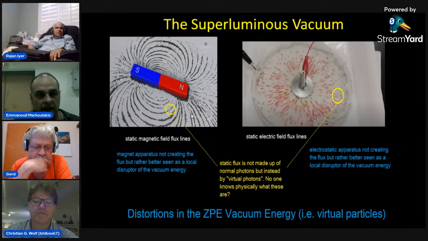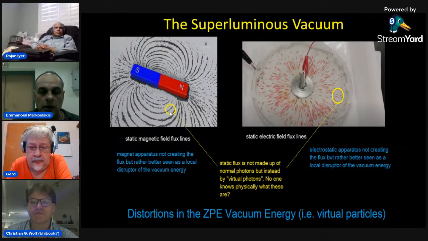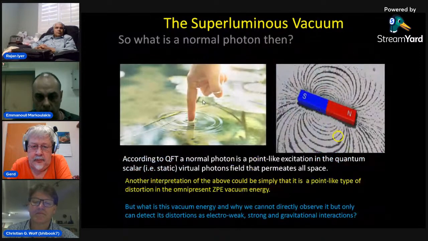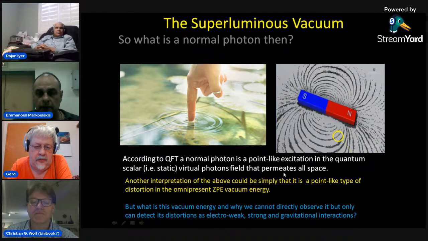In a static field, these are called virtual photons, which should not be confused with normal photons. Then I went one step further and asked the question, what is then the normal photon? According to quantum field theory, it's a point-like excitation in the quantum scalar virtual photons field that permeates all space.